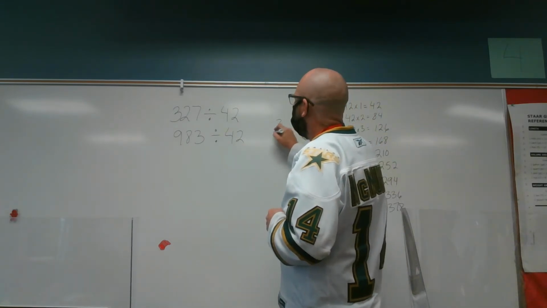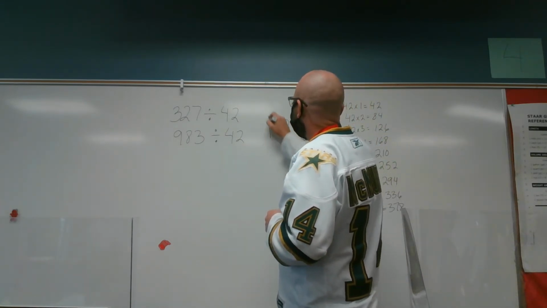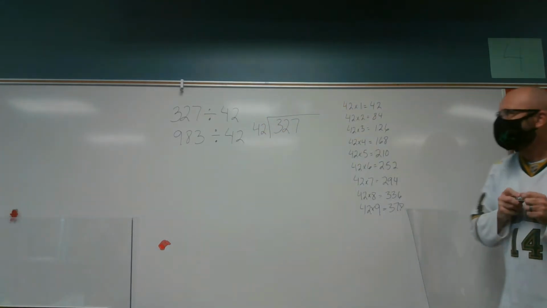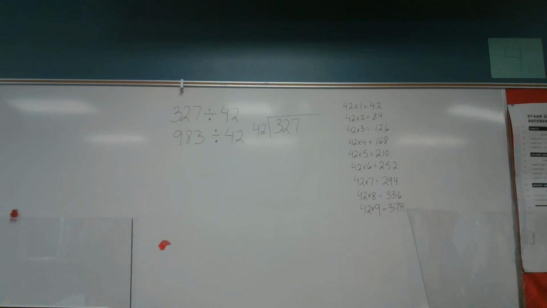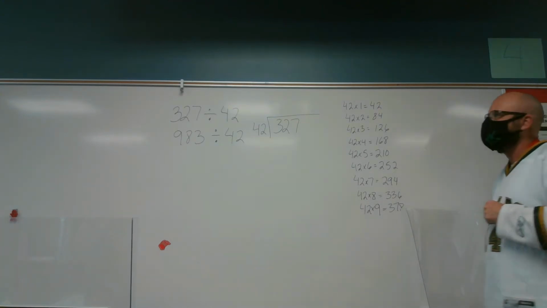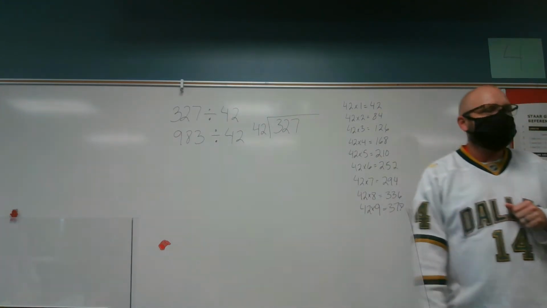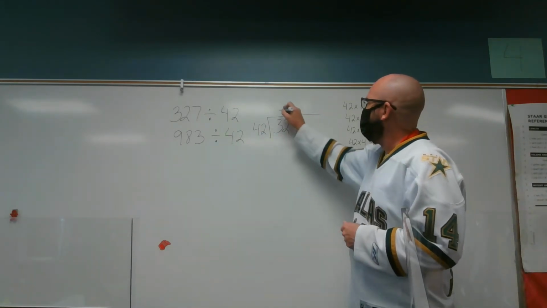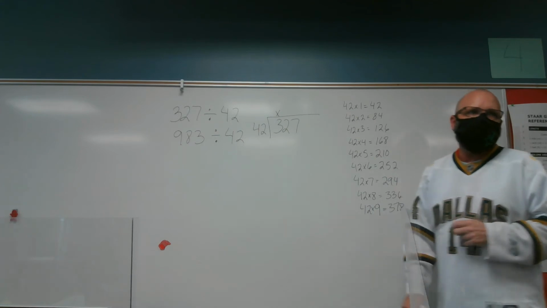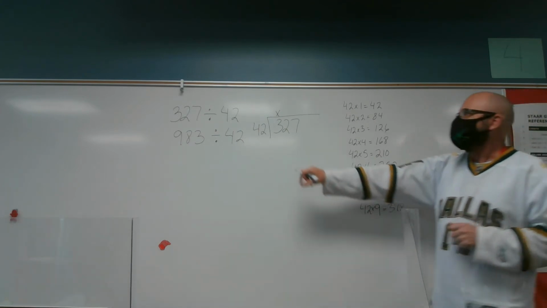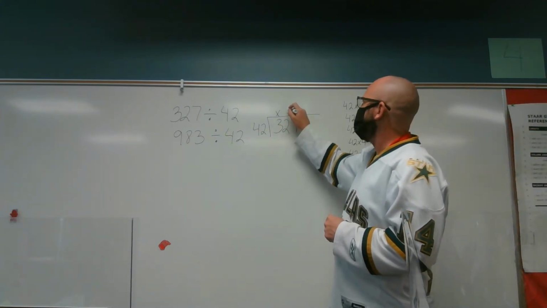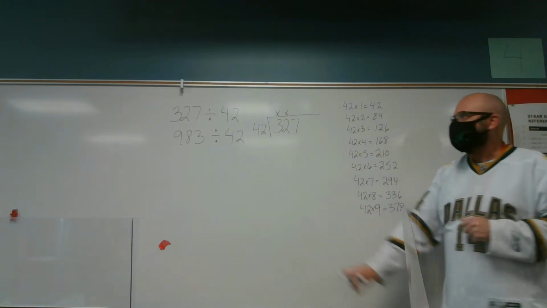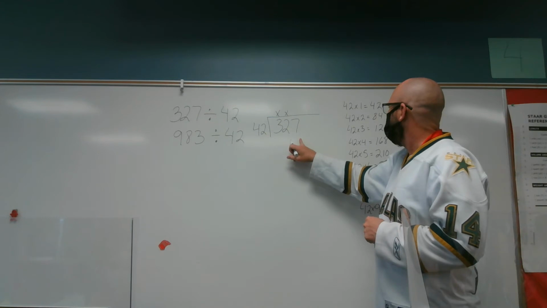So I'm going to start with 327 divided by 42. I ask myself, does 42 go into 3? No. Does 42 go into 32? It doesn't. Does 42 go into 327?